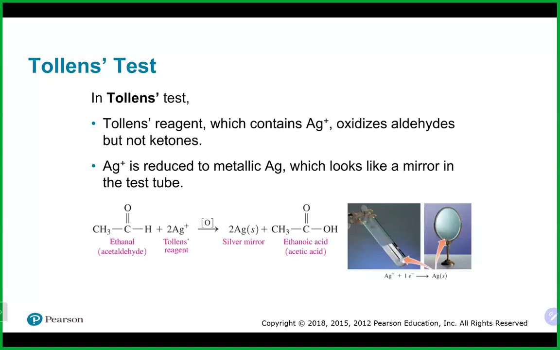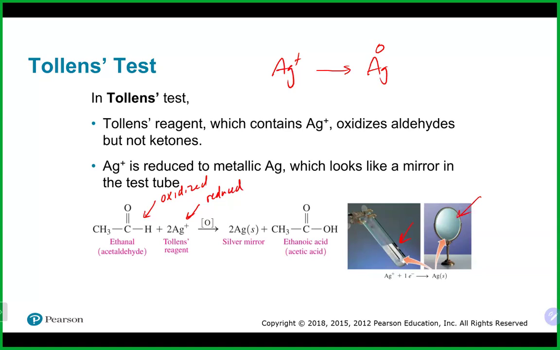The Tollens test is the same sort of principle as the Benedict's test, except that they use silver, and it's sometimes referred to as the mirror test, because in this case, as our aldehyde here gets oxidized, our silver with a +1 charge gets reduced. That means that it goes from silver with a +1 charge to silver with no charge.